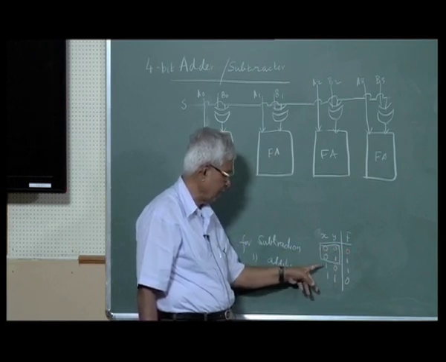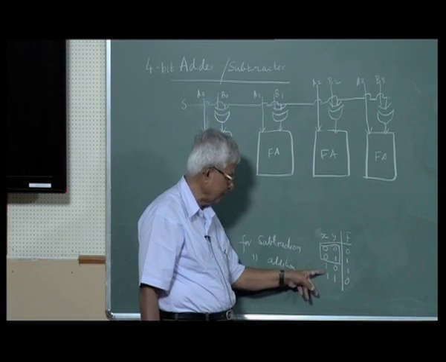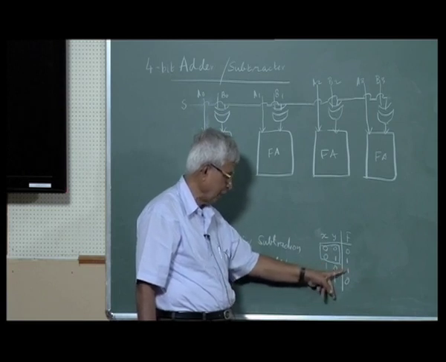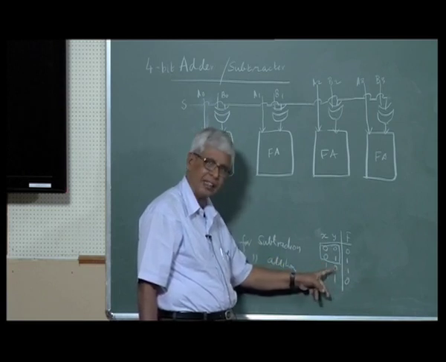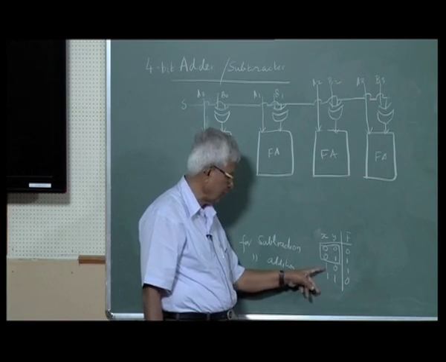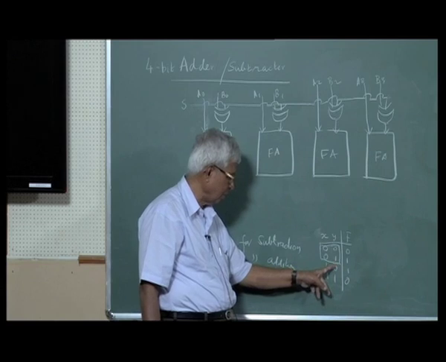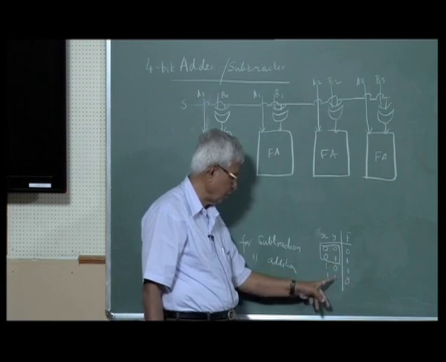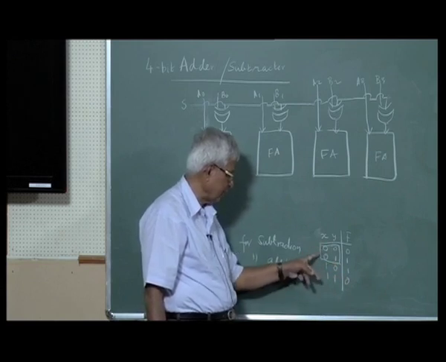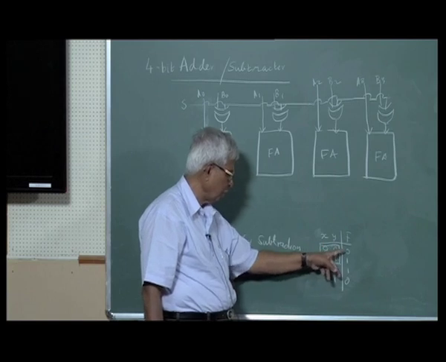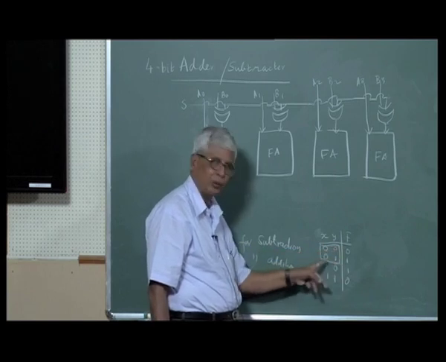If one of the inputs is 1, the output is inverse of the second input. So if X is 1, output is 1 if Y is 0, output is 0 if Y is 1. If X is 0, output is 0 if Y is 0, output is 1 if Y is 1.